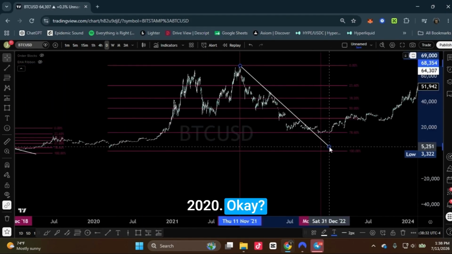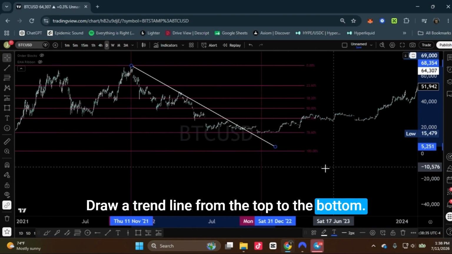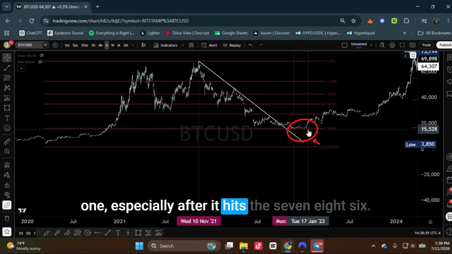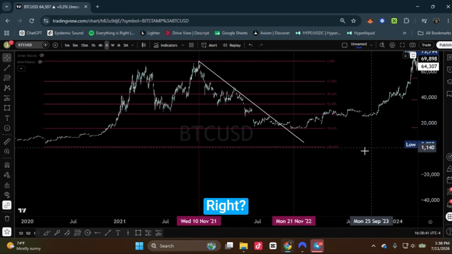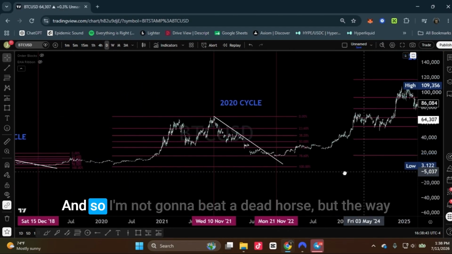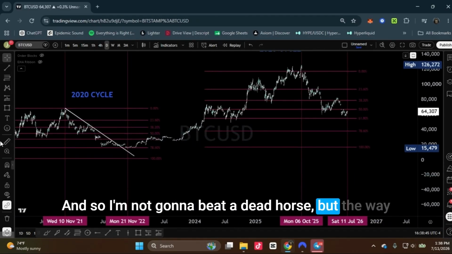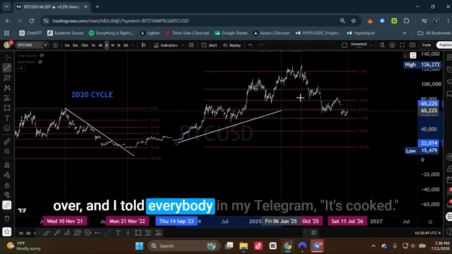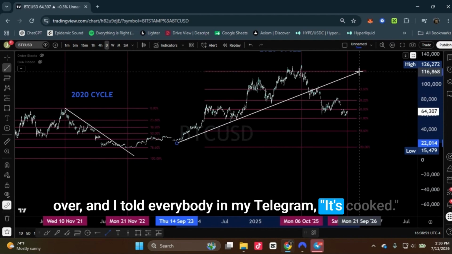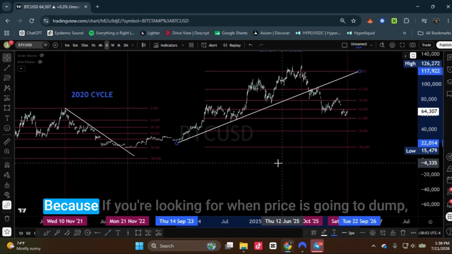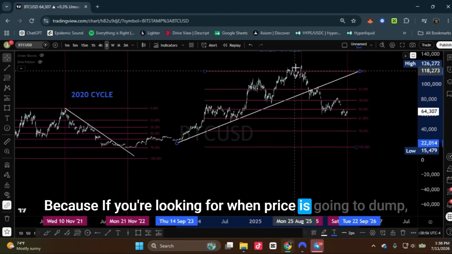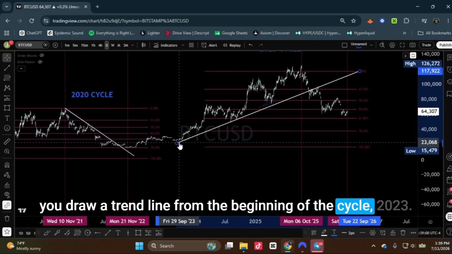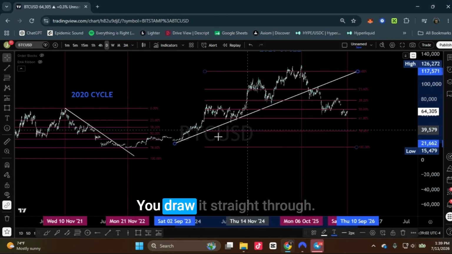2020. Draw a trend line from the top to the bottom. As soon as that's breached, we're starting a new one, especially after it hits the 786. I'm not going to beat a dead horse, but the way you knew this cycle was over, and I knew it was over, and I told everybody in my Telegram, it's cooked, is that if you're looking for when price is going to dump, you draw a trend line from the beginning of the cycle, 2023, straight through.